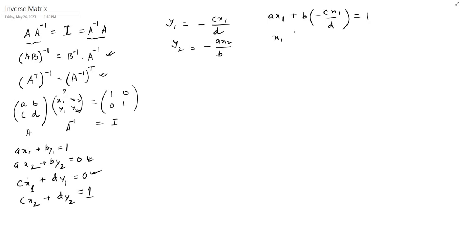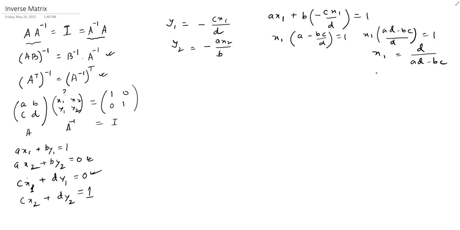Let's take x1 out as a common factor. So a minus bc by d equals 1. So x1 times (ad minus bc) by d equals 1, and x1 will be d by ad minus bc.